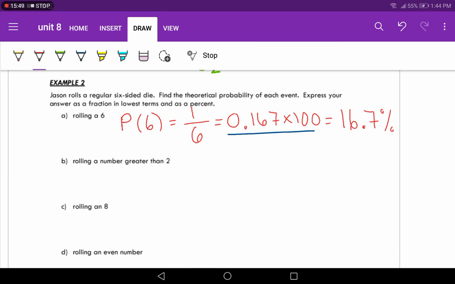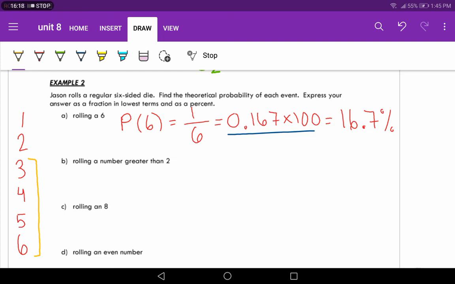Okay, the probability of rolling a number greater than 2. So again, we have options 1, 2, 3, 4, 5, and 6, right? So for A here, we had only one chance of getting 6. This time we're asked, what about rolling a number that's greater than 2? So that means we need to see what's the probability of rolling a 3, a 4, a 5, or a 6.